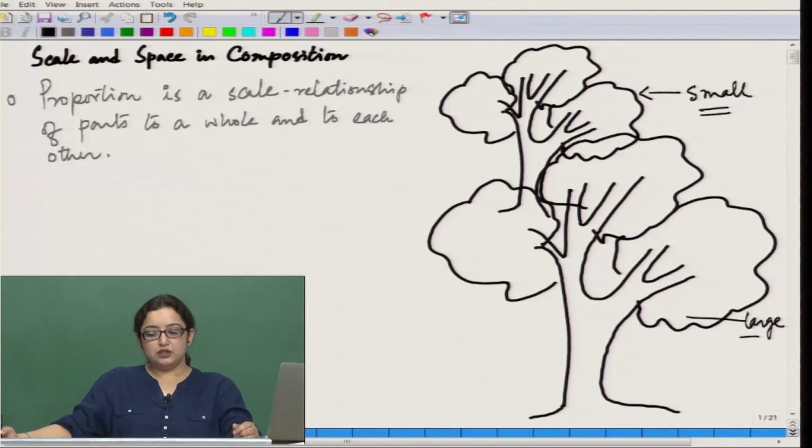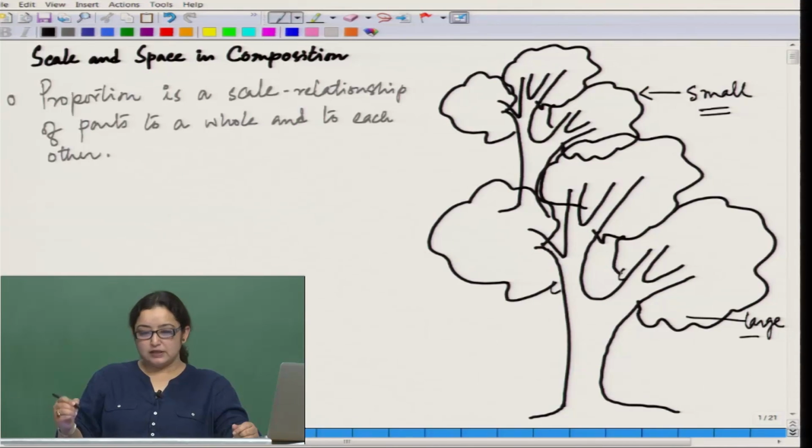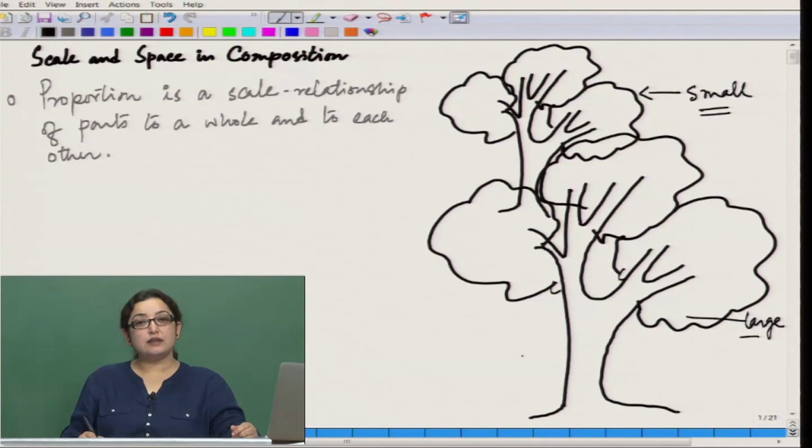Also, in a composition like this, we may need to show things other than similar objects. So, if we have a tree of this scale, we think of a human proportion who is standing right beneath the tree, and we determine the size of the human form in relation to the tree.